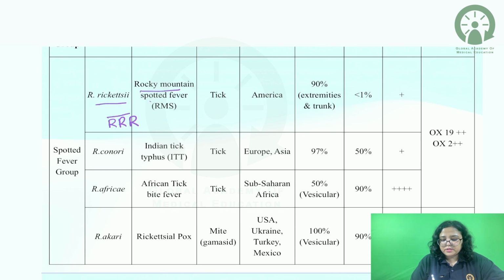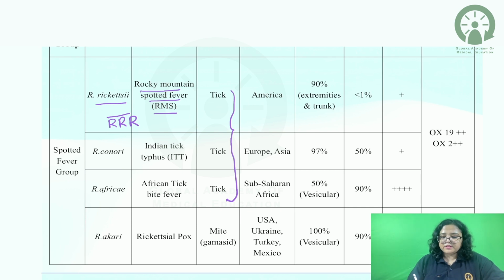So this is the mnemonic for the same. From the name itself, spotted fever group, you will see that the vector is tick for all of them. In case of the typhus group, epidemic typhus was spread by louse, endemic typhus by flea, and here all the Rickettsial spotted fever group except the pox is spread by tick.